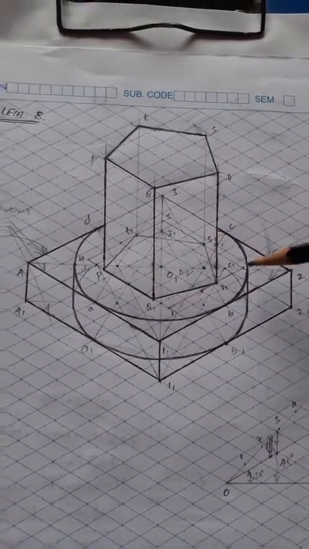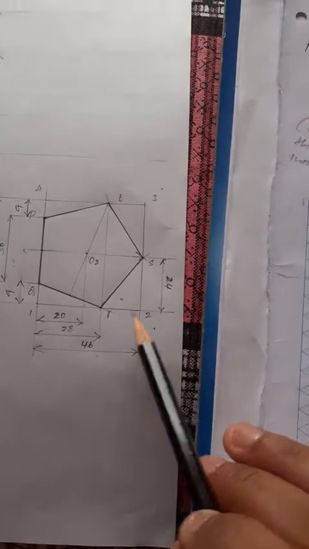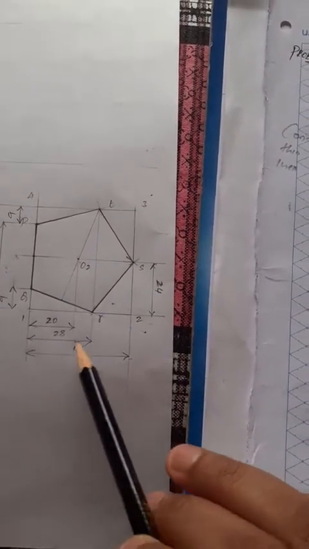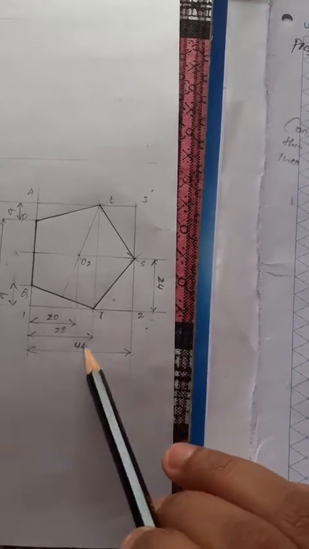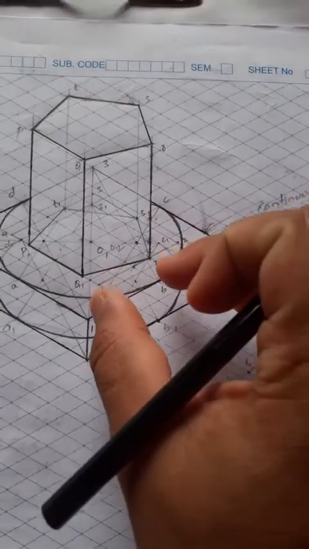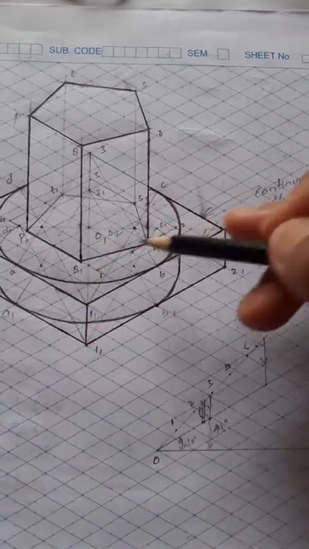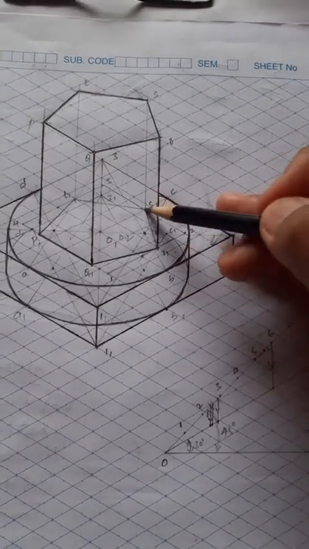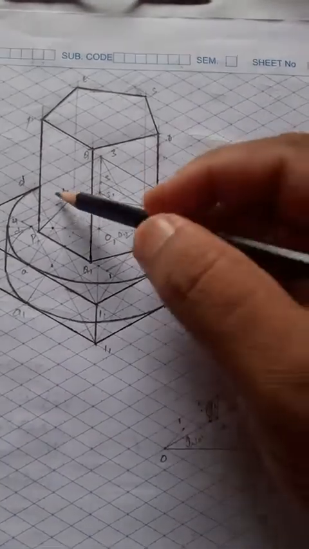Then on 1 to 2, which corner will we get? R. How much is it? The total distance from 1 is 28 mm. Convert into ISO 28. Then with the compass I draw an arc on the 1 to 2 line. Then you will get R1. S1 you already get at the center.